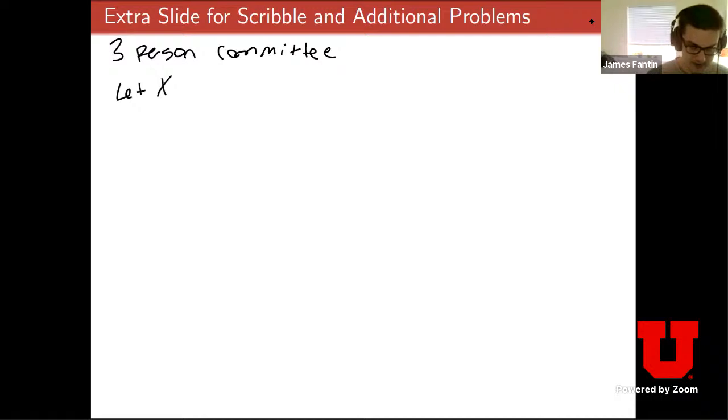Oh, this is homework 6, problem 7. The problem's a little bit long, so I don't want to write out the whole thing. So we're going to let X be the number of seniors on the committee.